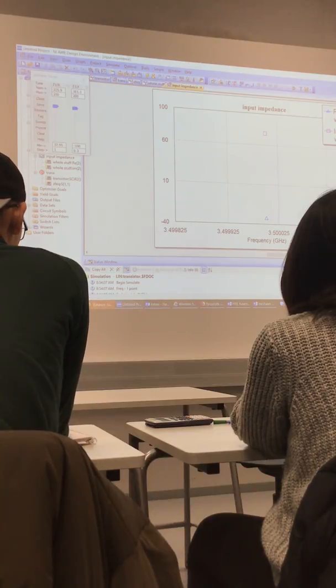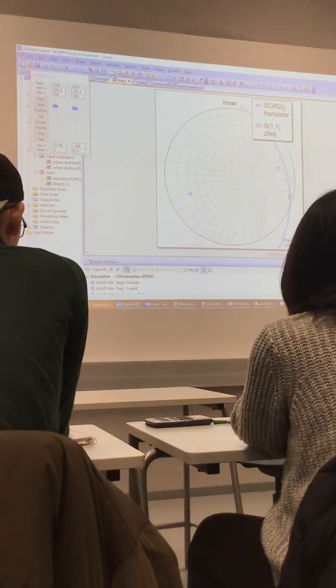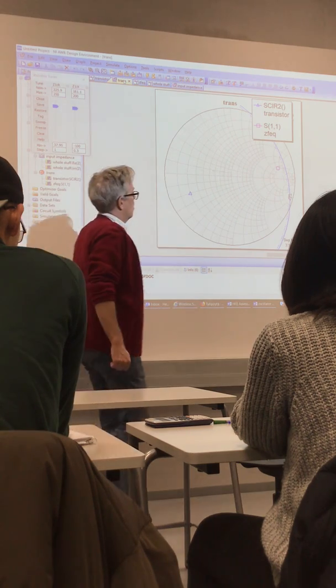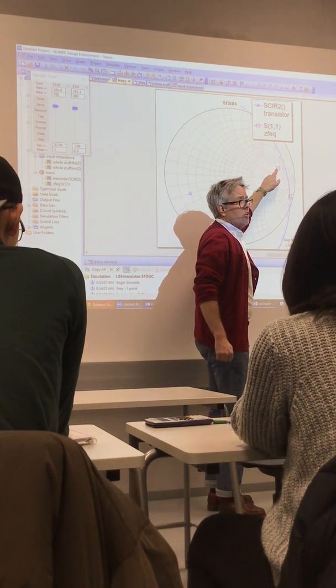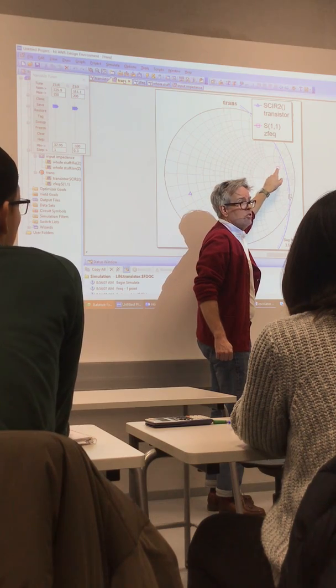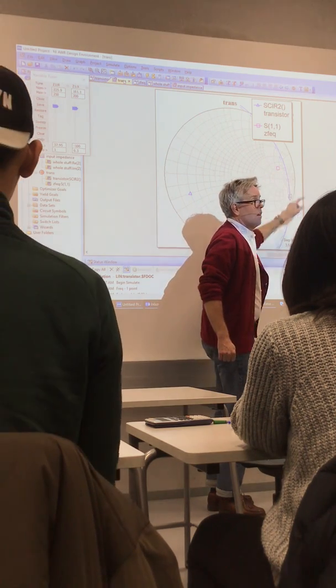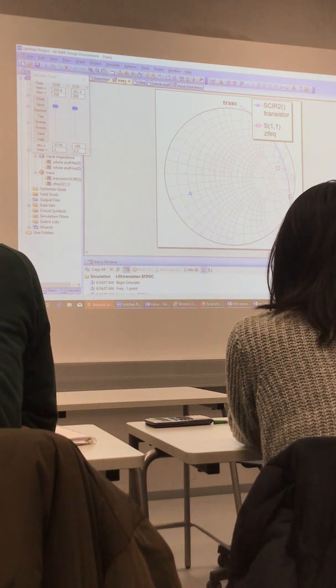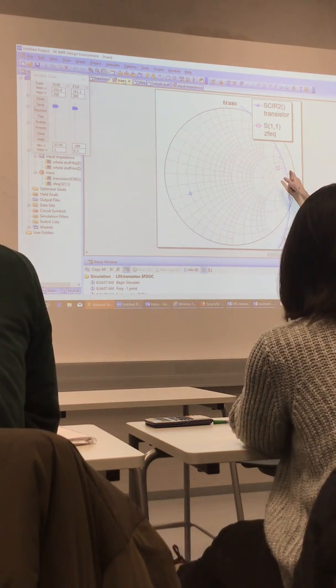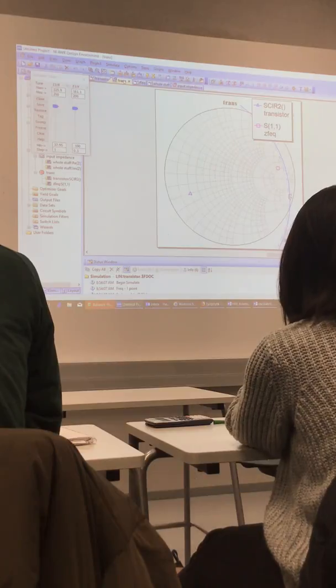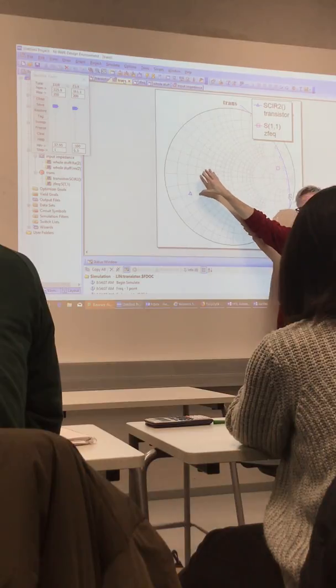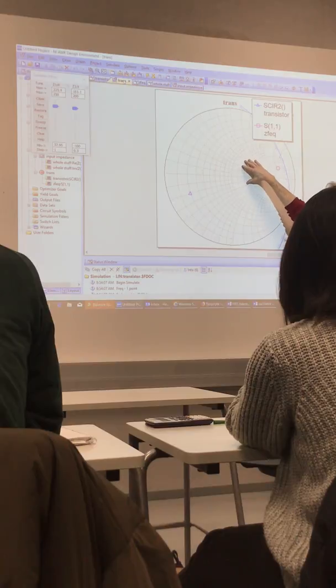Because the point here is this. The closer it gets to the edge of the stability circle, because here it's negative, here it's positive. But if we take a look at the behavior of the real part, here it's negative. When you move here, it's usually more negative.